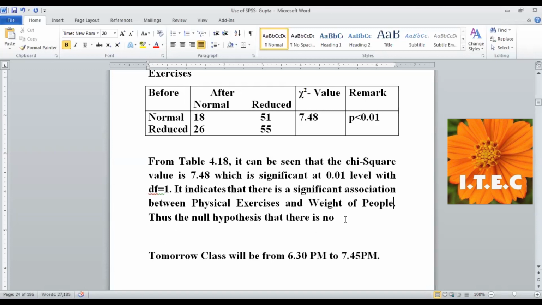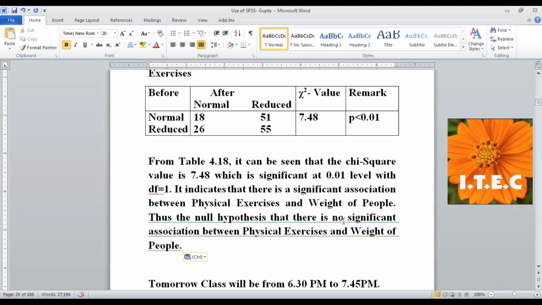Thus, the null hypothesis, that there is no significant association between physical exercising and weight of the people, is rejected.